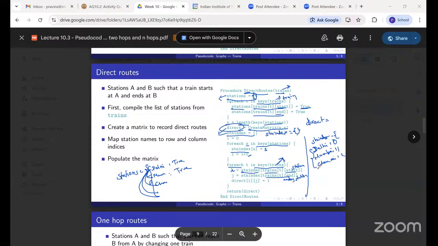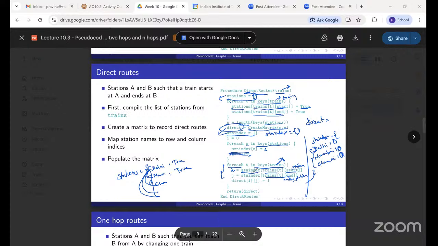Is it clear, or am I wrong? Sorry. Is it clear what I'm trying to explain here? I think this part should not be there. I don't know why this is there. All should be initialized as 0. I think the slide has a typo. Okay.